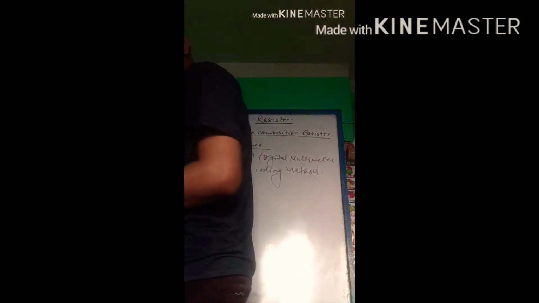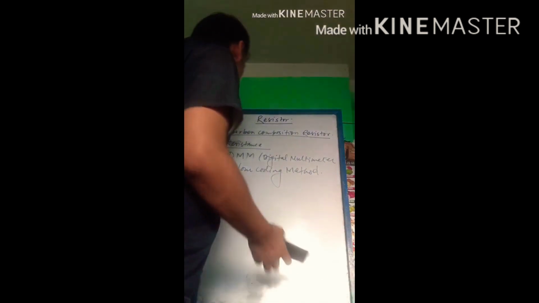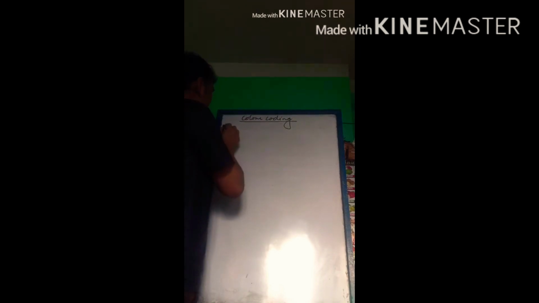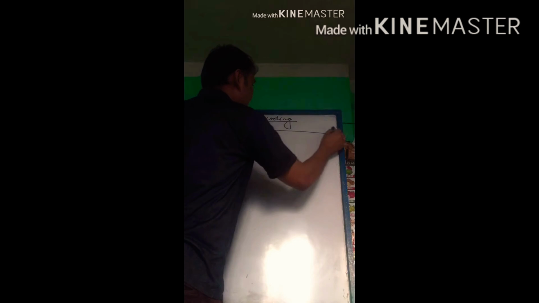Next we are going to discuss the color coding method. During color coding you should know how many colors occur.